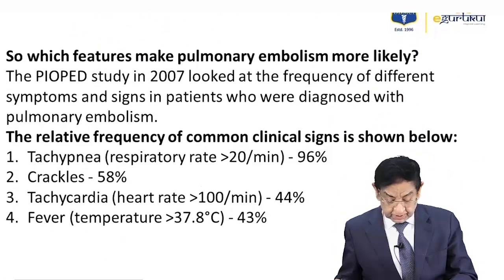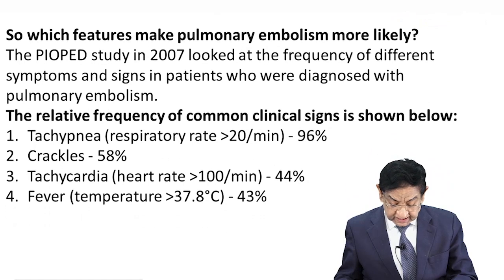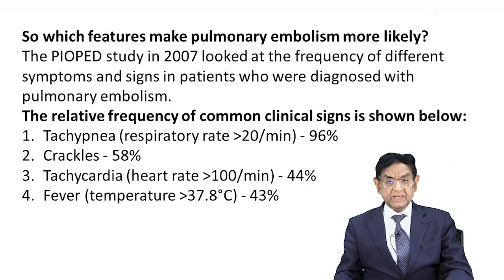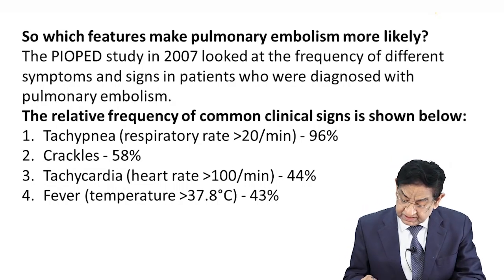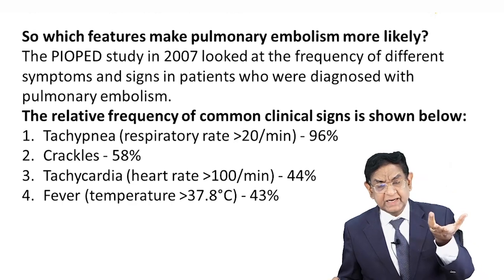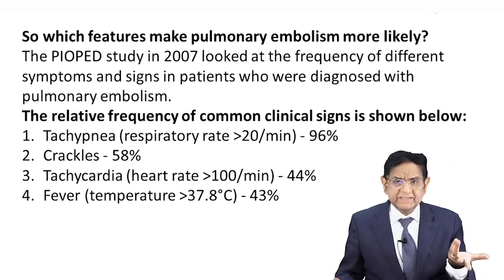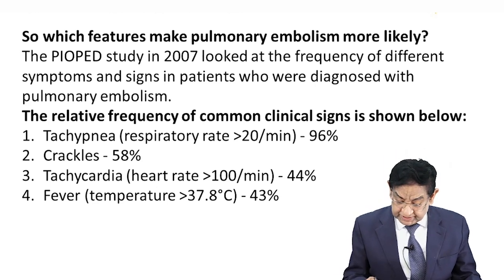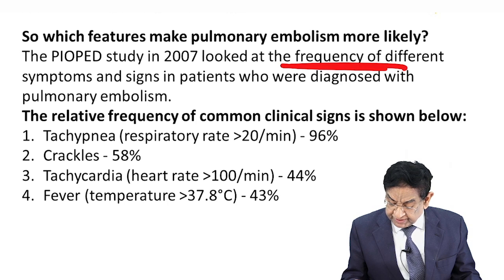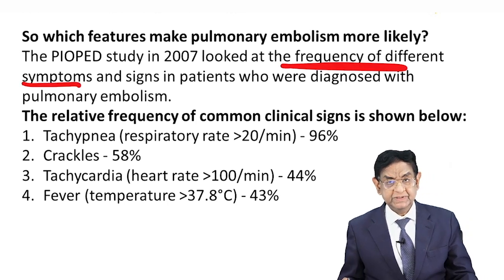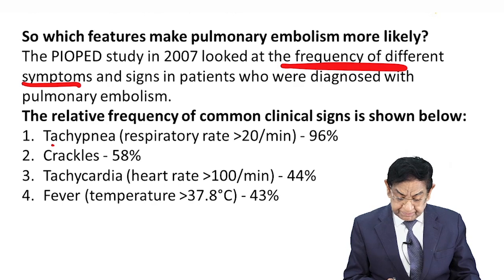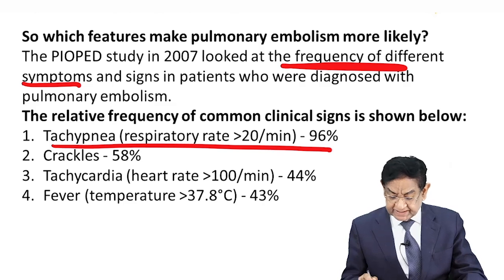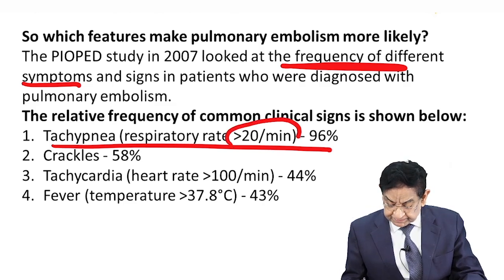So what do the guidelines say? Let us see the common symptoms and signs we are talking about, and how common they are, the frequency of the different features. Tachypnea, and point to be noted, tachypnea they are taking as a respiratory rate more than 20.